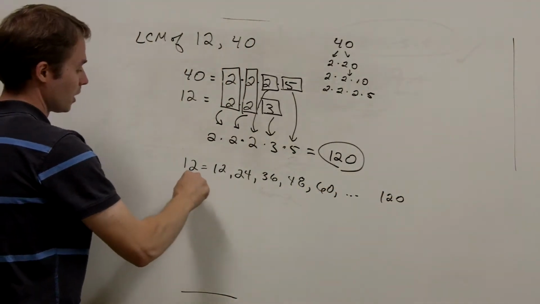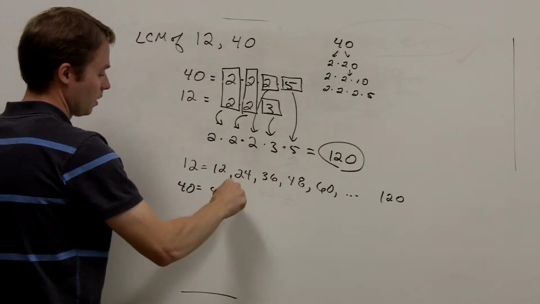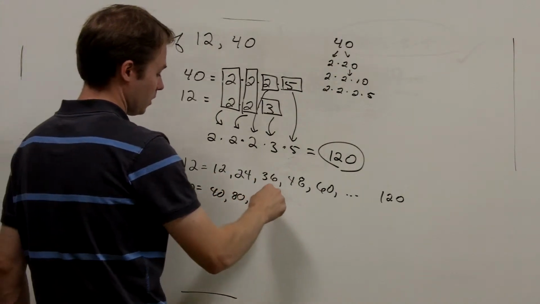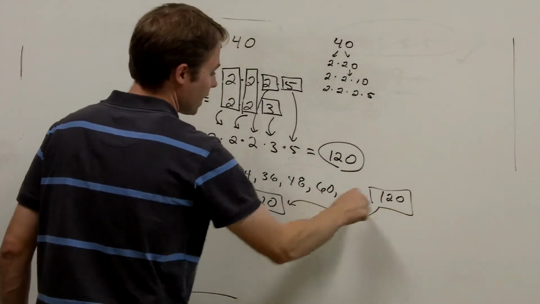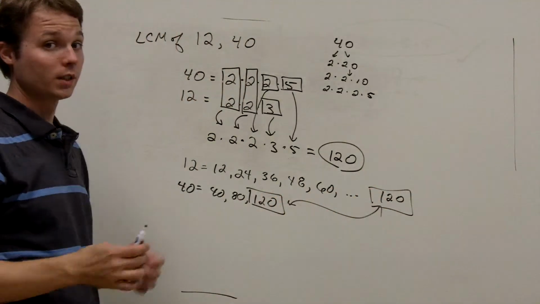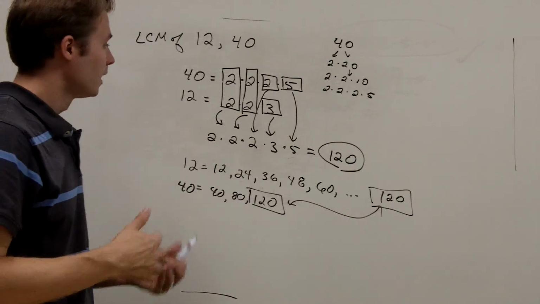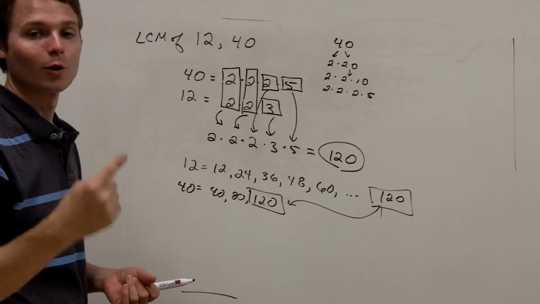The same thing with 40. And in fact, it shows up pretty fast on 40. And you would have eventually gotten these two. But once the numbers start getting bigger and bigger and bigger, it becomes longer and longer to do this.